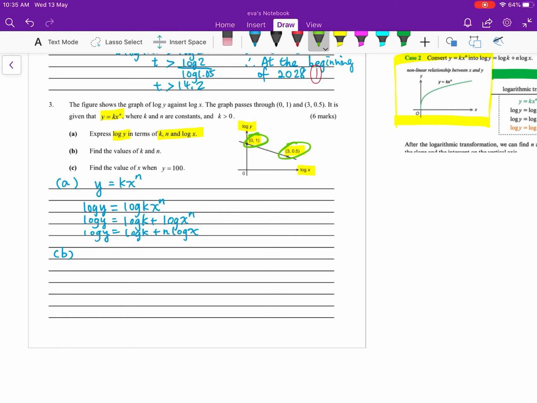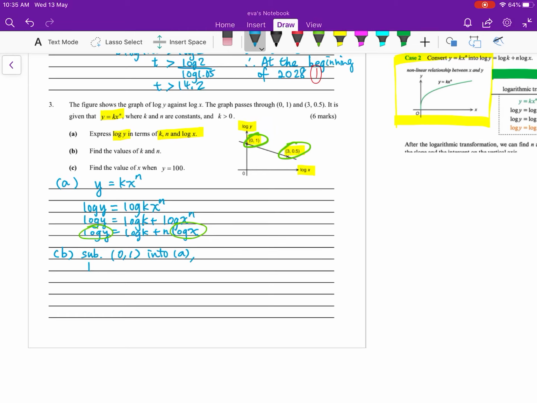So we can replace log y by 1 and replace log x by 0. Let's see how it goes. So write down, substitute (0, 1) into part A. Remember, not the y but log y.